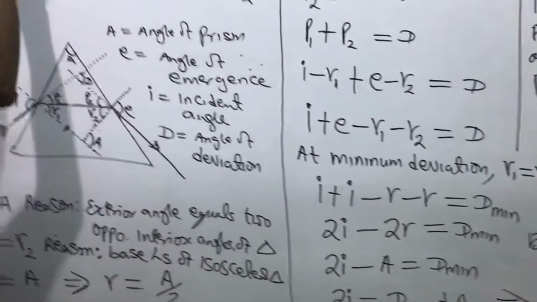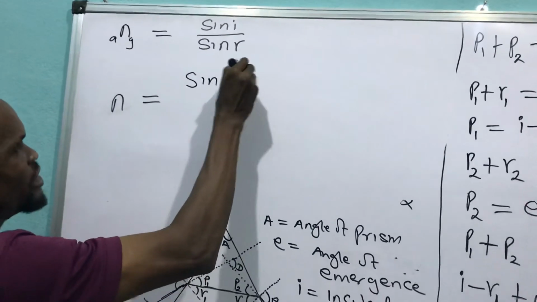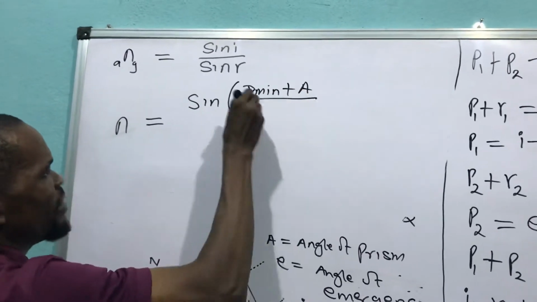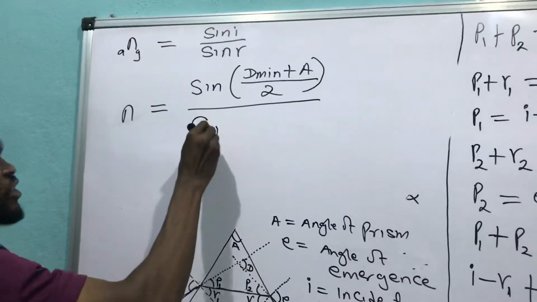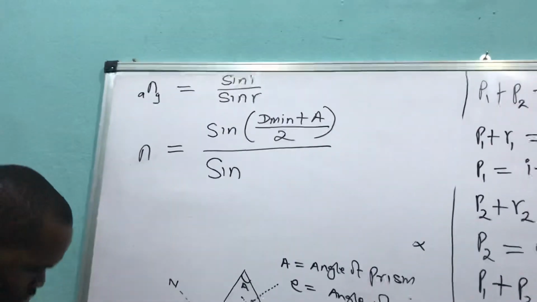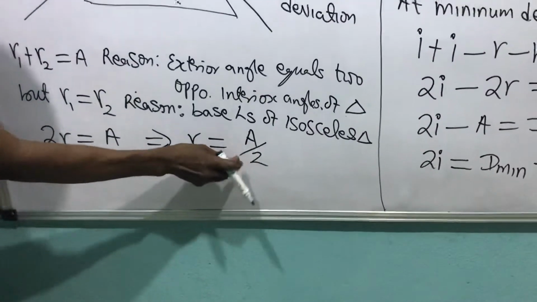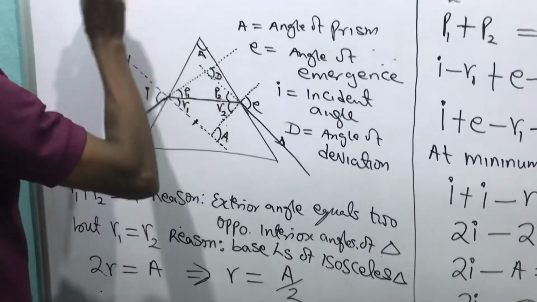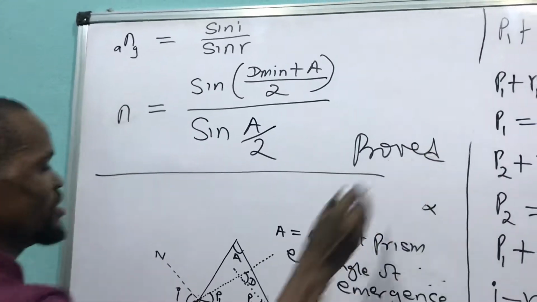I write it as sine of D minimum plus A divided by 2. Then what is my refraction angle? What is R? Come over here, we see R equals A divided by 2. And that's proved. We have proved it.